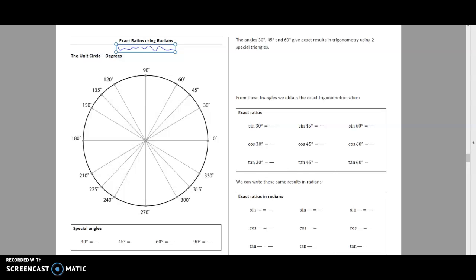If we go around the circle, we already said that the whole way around is 2 pi, and halfway is pi for 180 degrees. If half of the circle, 180 degrees, is pi, then 90 degrees is pi on 2, because that's half of it.